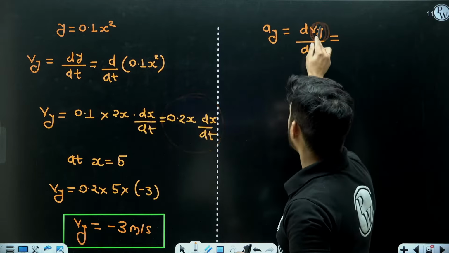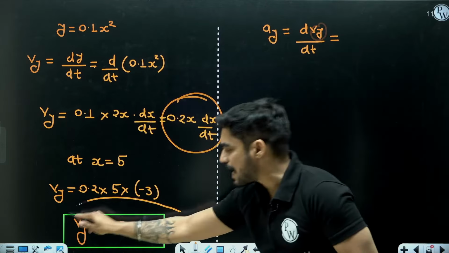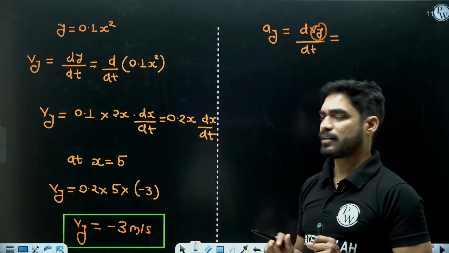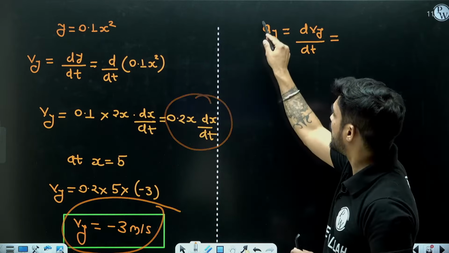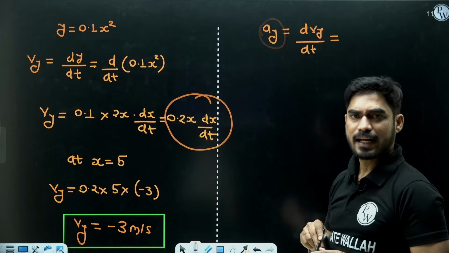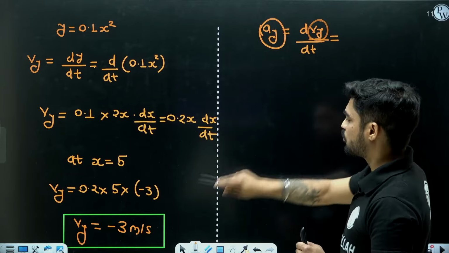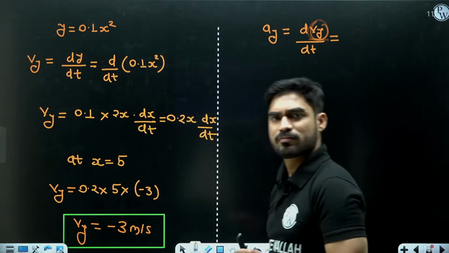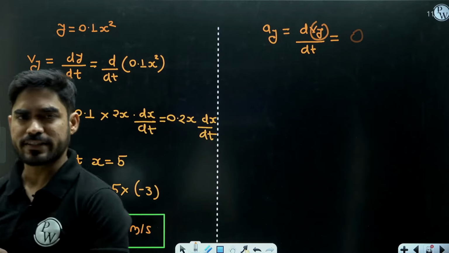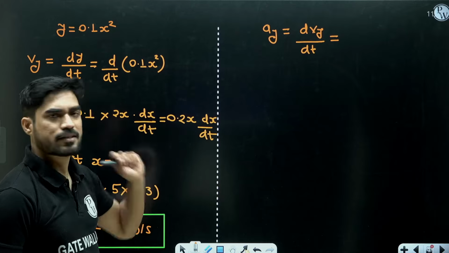Don't put the value of Vy at a particular time. Understand? This is Vy at a particular instant, and this is the equation of Vy. So if you want to find the equation of Ay, you put the equation of Vy here. Don't put the value of Vy, otherwise you will get 0. Vy is not constant with respect to time, na? Vy is changing with respect to time, like this.